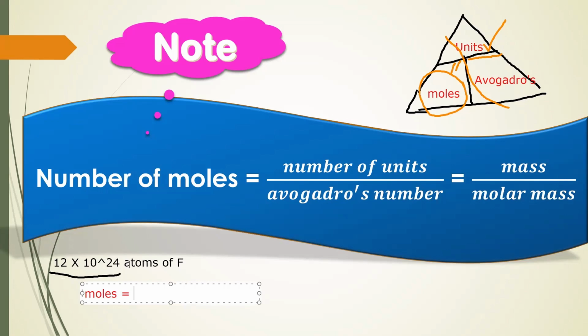So the mole will equal the number of units that we have, which is 12 times 10 to the power 24, divided by Avogadro's number, which is 6.02 times 10 to the power of 23.